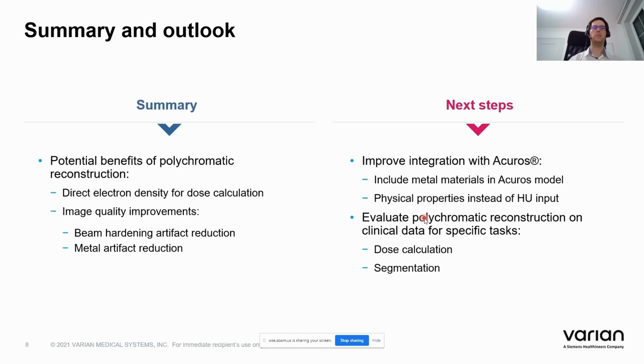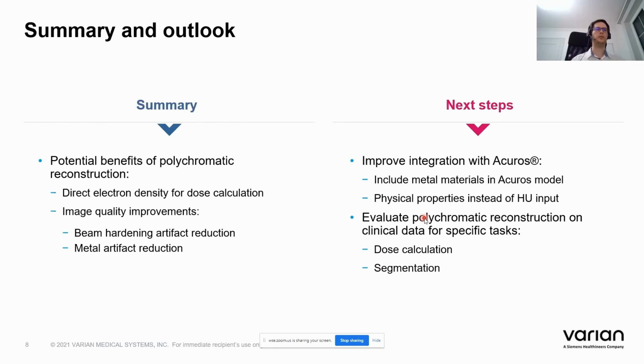Acuros does material decomposition into water and bone mixture only and based on HU images. So we could extend the range of materials in the Acuros model to also include metals. And instead of feeding the HU volume to Acuros as a first estimate, we could instead provide it with directly reconstructed material density volumes from the first pass of initial polychromatic reconstruction.